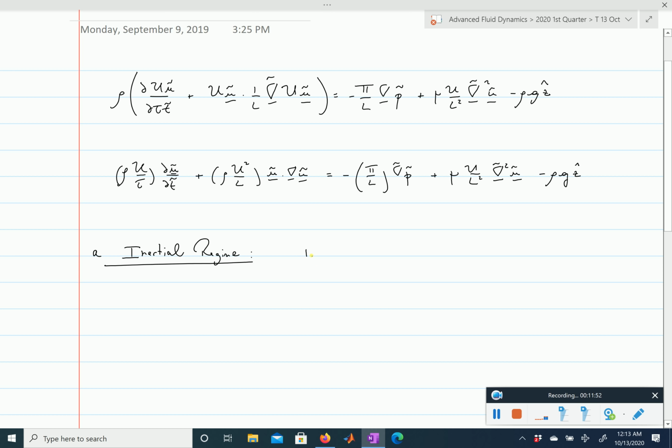And so what sets the scale for the pressure is an inertial force. And remember, if you think about the stagnation pressure, it gives us 1/2 of rho u squared, then you'll find the scale for pressure, and we'll scale the pressure with rho u squared. So here, that means that we, instead of putting pi, we put rho u squared as our characteristic scale for pressure.